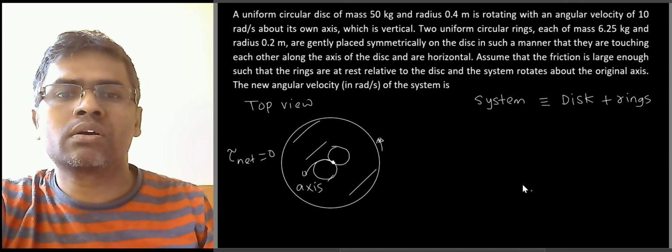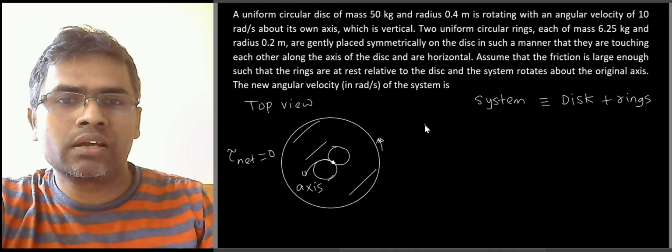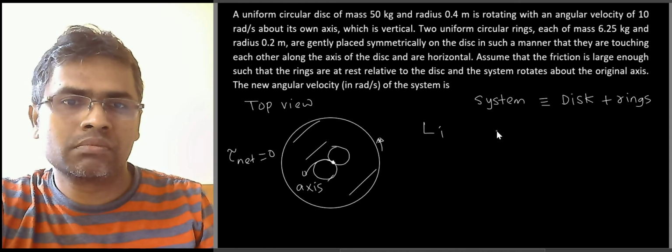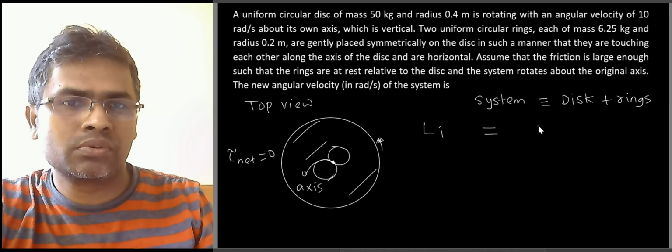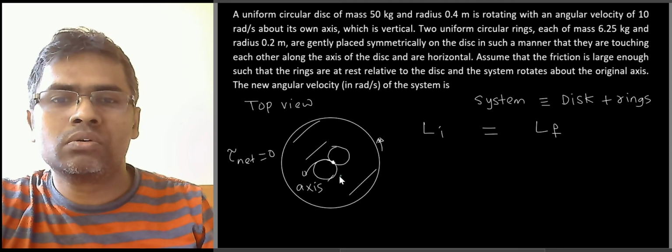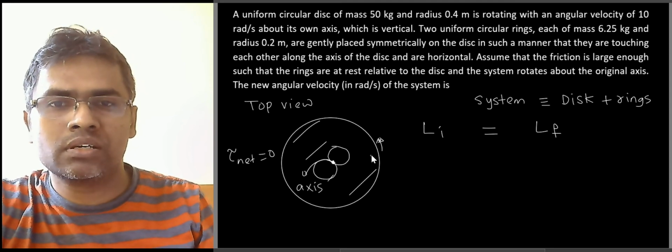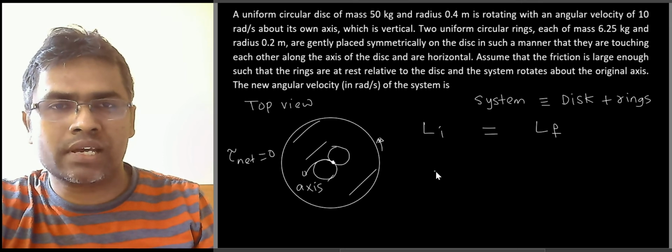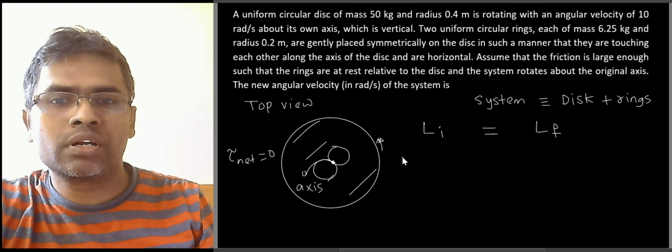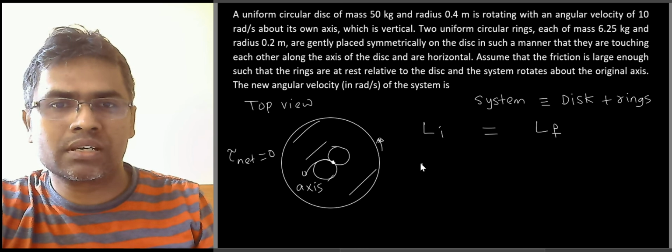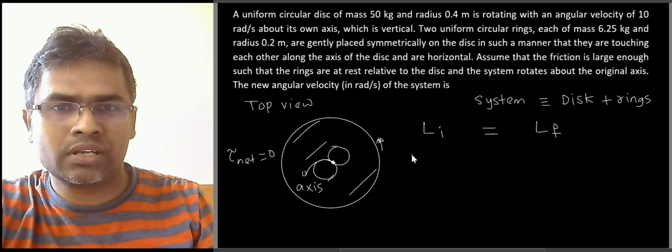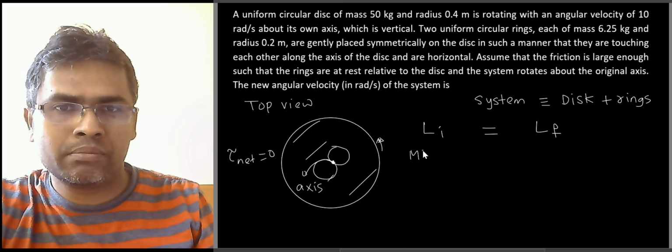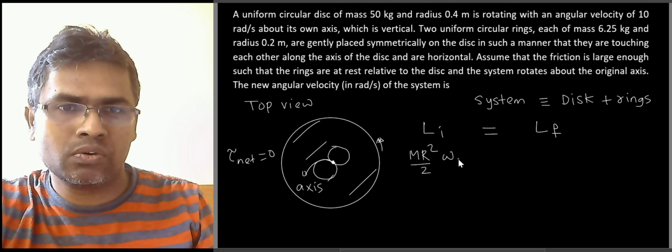Because there is no external torque, the initial angular momentum of the system must be equal to the final angular momentum of the system. Now, there were no rings initially, only the disk was rotating about the fixed axis. So the angular momentum of the disk is I omega.